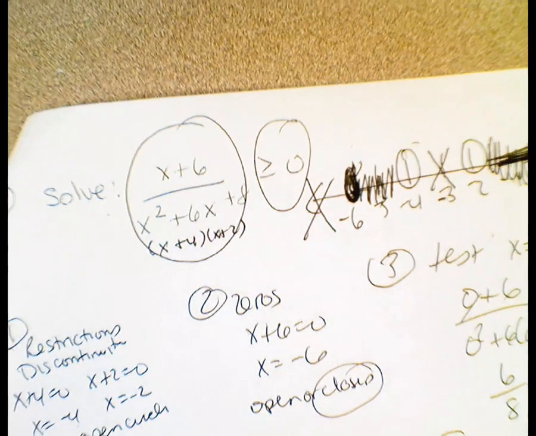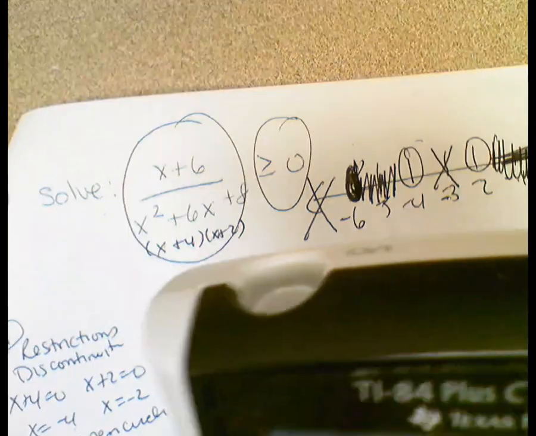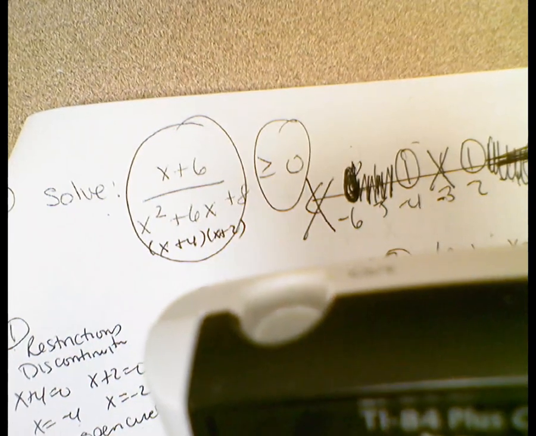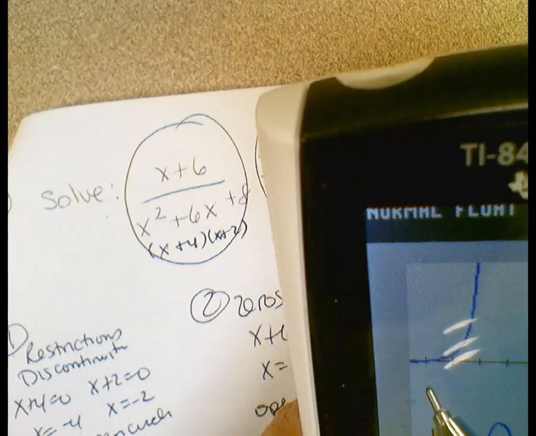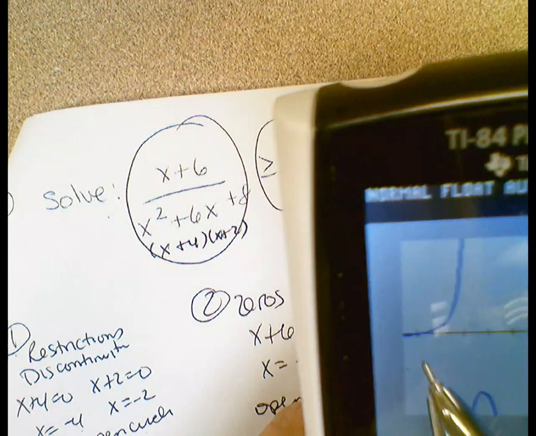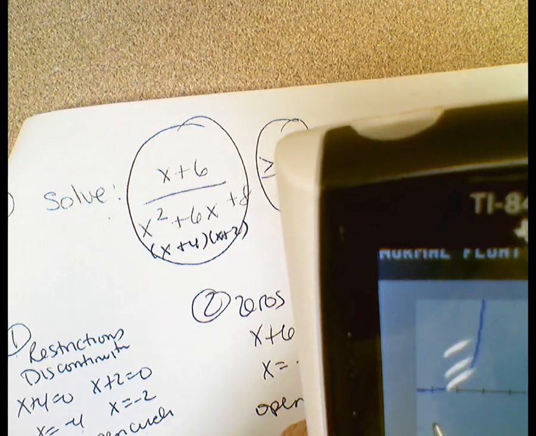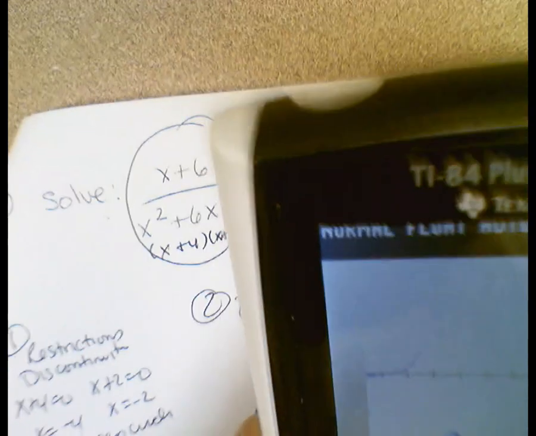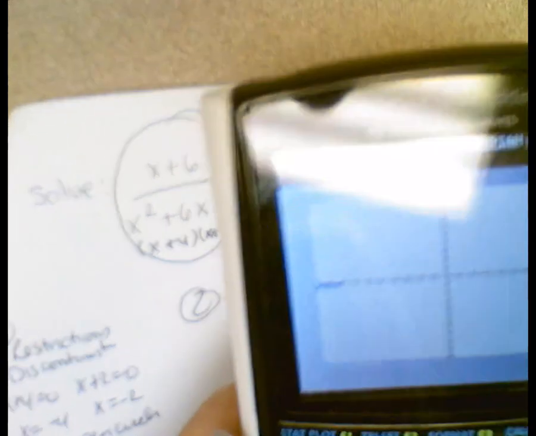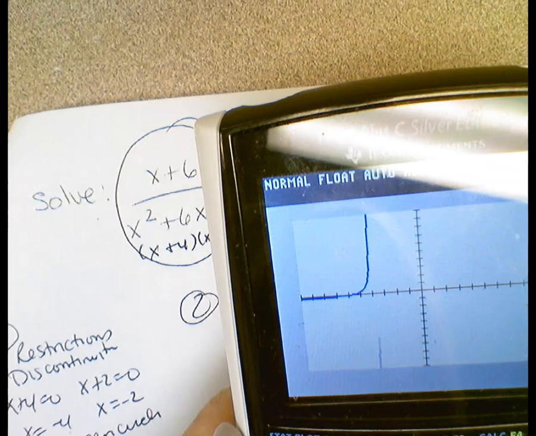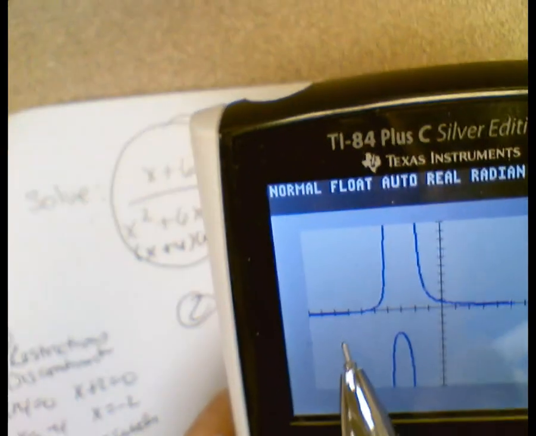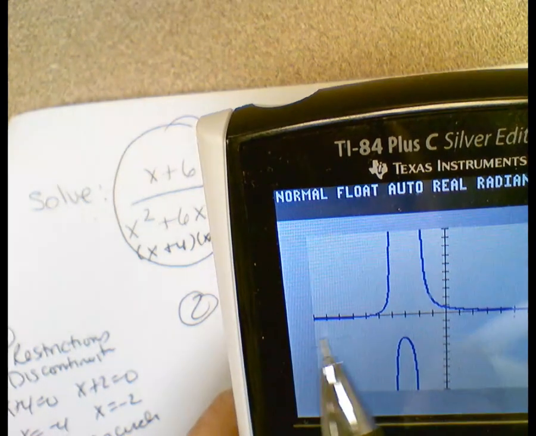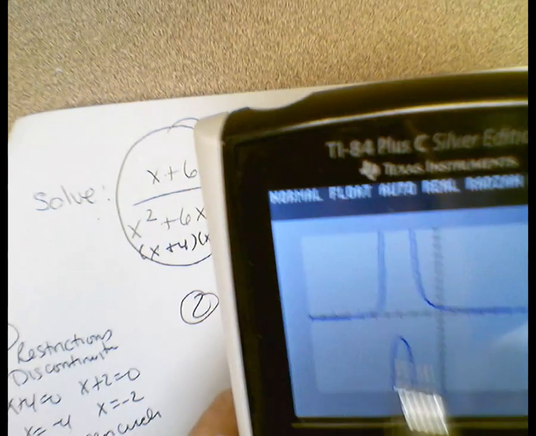Well, it has something to do with these -6s and -4s. See where the -6 is? -6 is a zero. So you see where it crosses at -6 right there? It's crossing at -6. Let me go to zoom 6 for a second. It's actually below. I don't know if you can tell. It's below the x-axis, but it starts crossing over at -6.